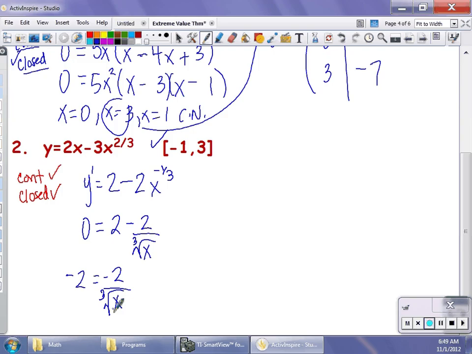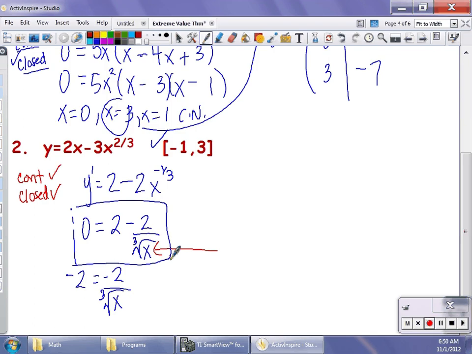Actually, I don't really have to go much further, because think about this. The first derivative is set equal to 0. Notice that I have x in the denominator. And this is the part that students forget about when they're dealing with critical numbers. When we set the derivative equal to 0, we don't get anything.